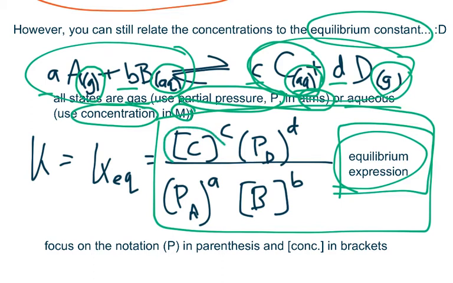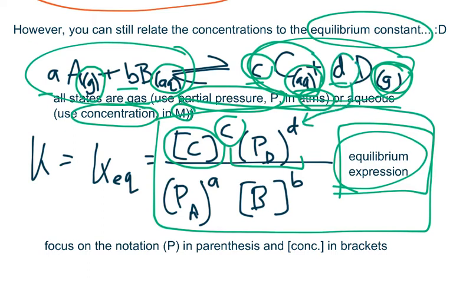So the concentration of C, and the coefficient will be the exponent, so concentration of C to the c times, now what is this? Well, this is going to be the partial pressure of D, since D is shown to be a gas, and this lowercase d becomes the exponent.